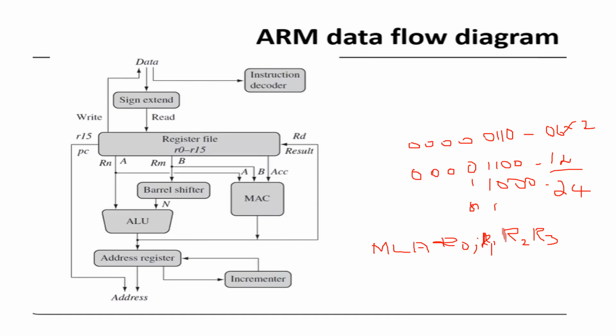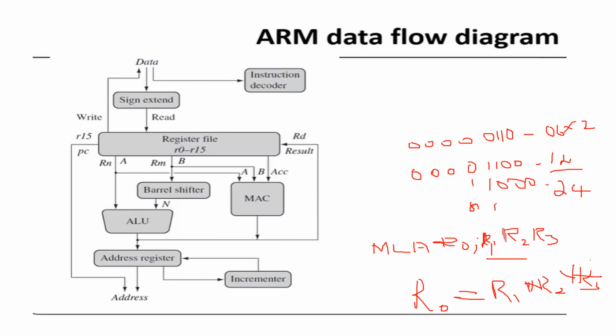You can see here R1 and R2 are multiplied and added with this R3, and that is stored in R0. Okay, so I can write this as R0 is equal to R1 into R2 plus R3. Okay, so that result is stored in the registers again.